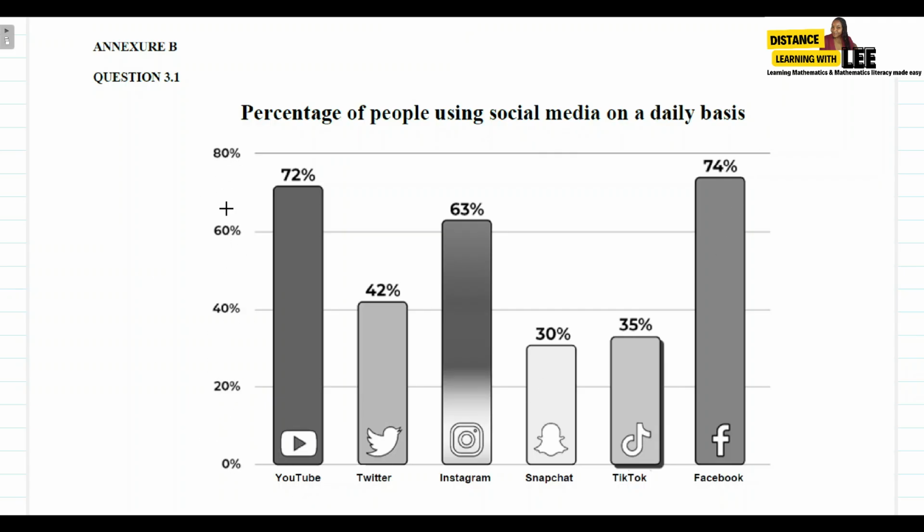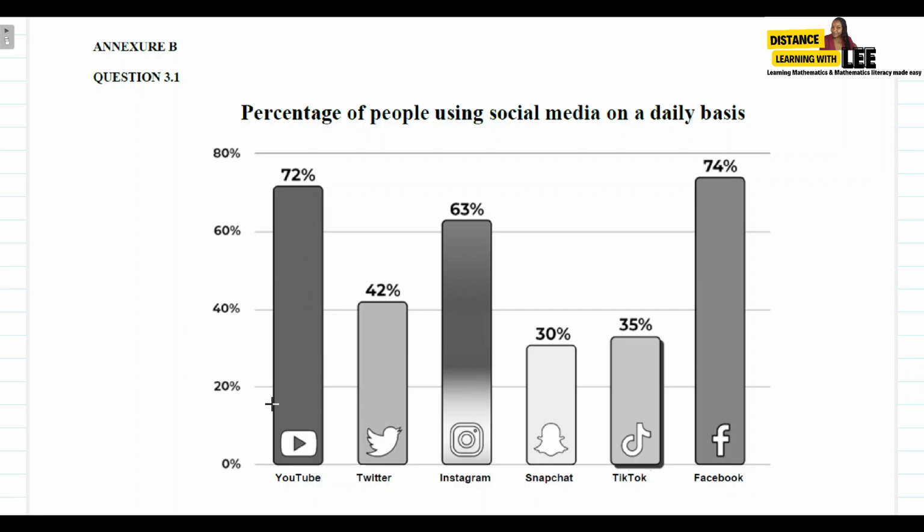On the y-axis, we've got the percentage of the people that use the social media platforms. On the x-axis, we've got the different social media platforms: YouTube, Twitter, Instagram, Snapchat, TikTok, and Facebook. From just analyzing this bar graph, we can already see that the social media platform that most people use is Facebook, and the second highest is YouTube.